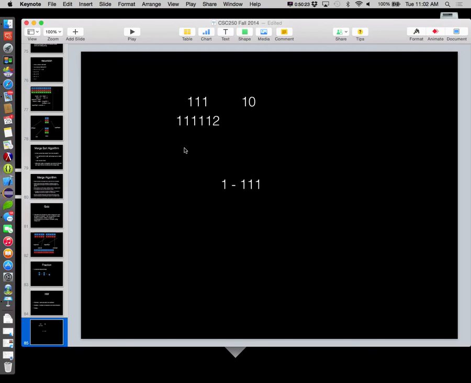Would you agree that one of the reasons we're being slow right now is because we're testing every single one of these numbers? So if we can figure out a way to reduce the number of numbers we're testing, we're at least improving things. That's our goal right now. I promise you, whatever solution we come up with here, we're going to throw out the window when I show you the Euclidean algorithm.